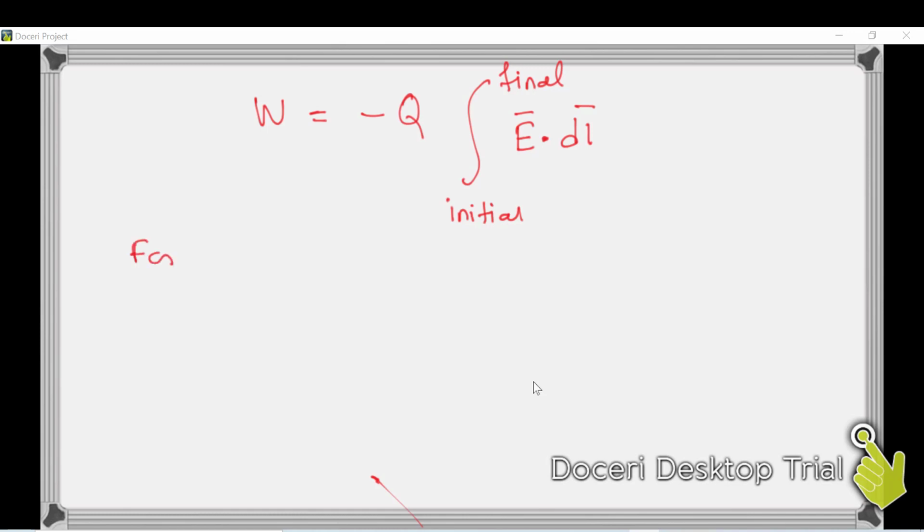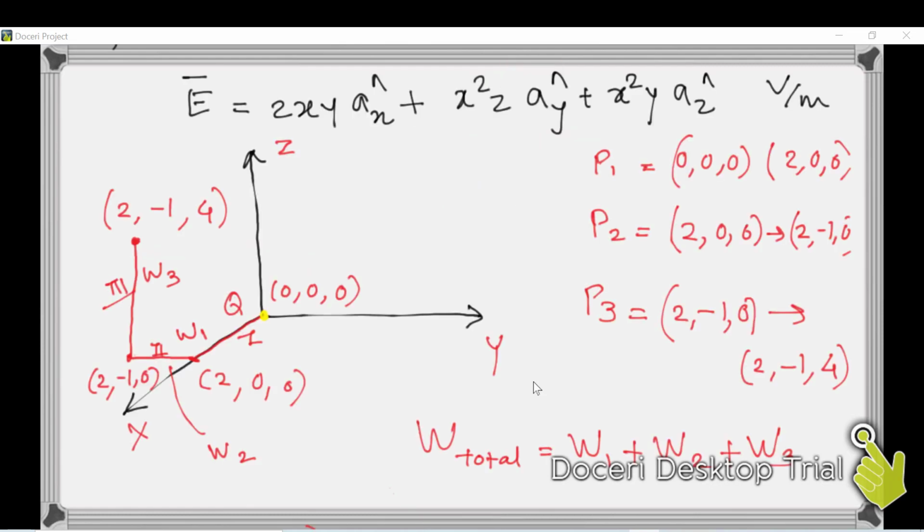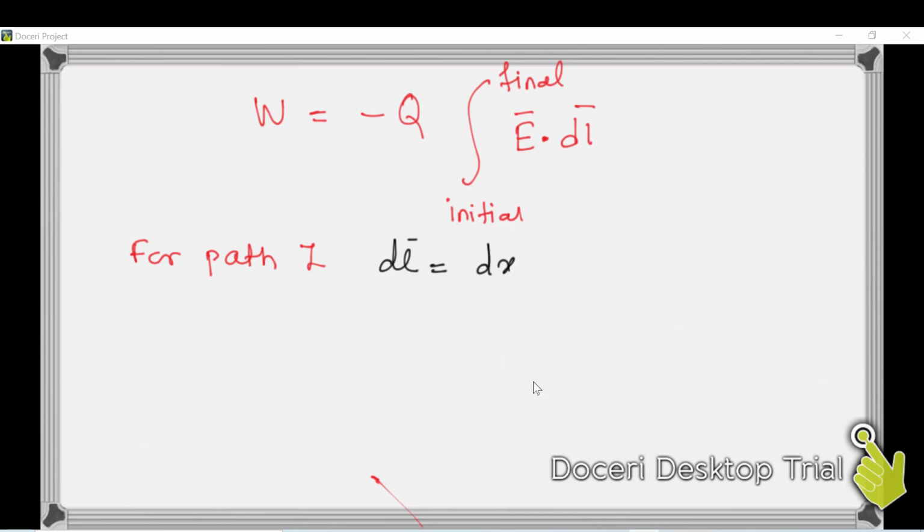So for path 1, what is dl bar? Since it is the Cartesian coordinate system, we write dx ax cap plus dy ay cap plus dz az cap.